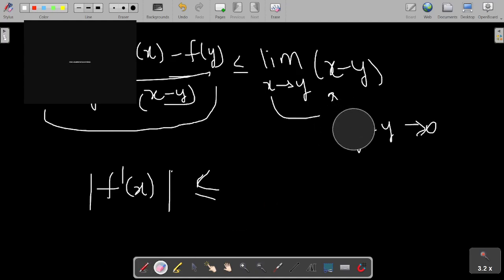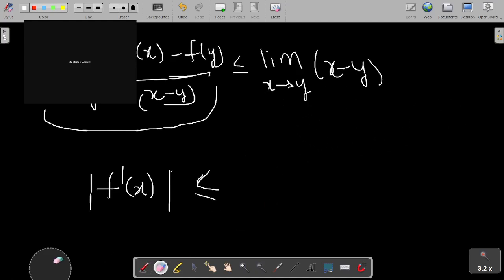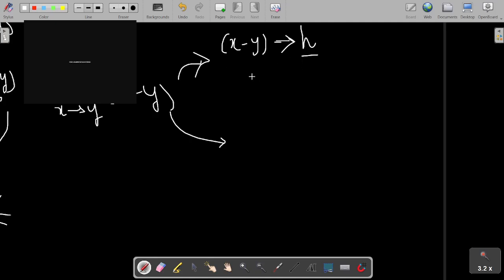There are several methods for this. Let me tell you both methods. In one method, I can say x minus y is tending to h, let's say a random number h.